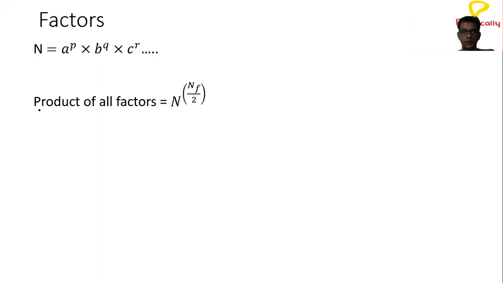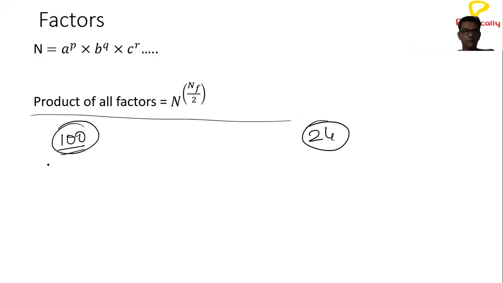Guys, there are typically two kinds of numbers that you will have in factors. One is a perfect square and one is a non-perfect square. Let's take 100 as an example. A perfect square will have an odd number of factors. So 1, 2, 4, 5, 10, 20, 25, 50, and 100.